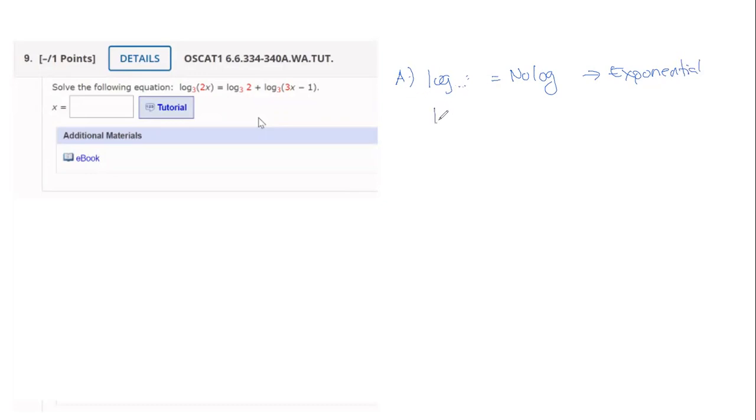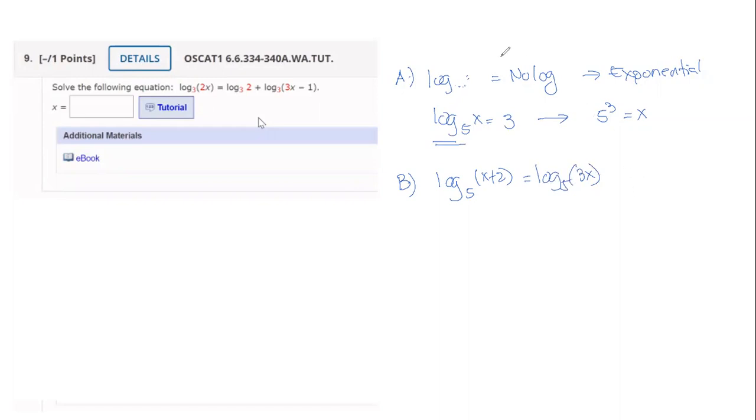So for instance, you have log 5 x equals 3. You have to change this to 5 to the 3 equals x. In this case, you only have log 5 on one side of the equation. That's one way. Now, the second one, like number 8, in 7, you have log 5 of x plus 2 equals log 5 of 3x.